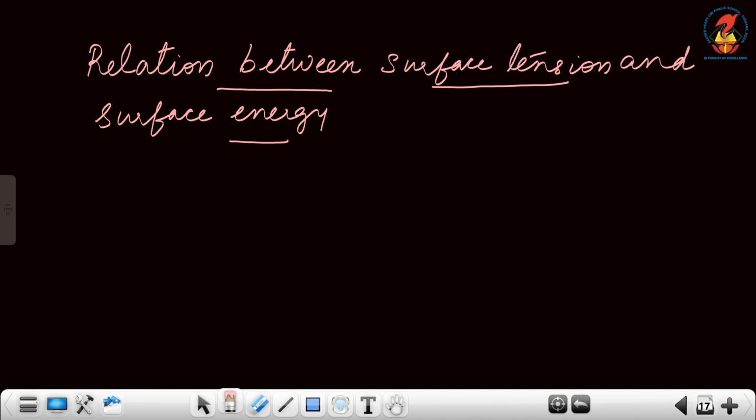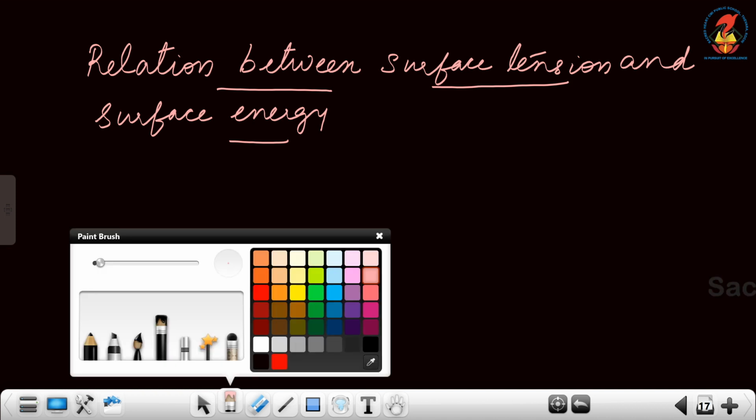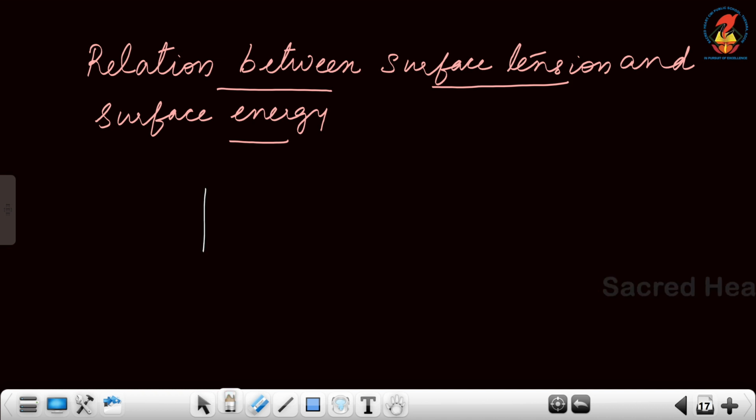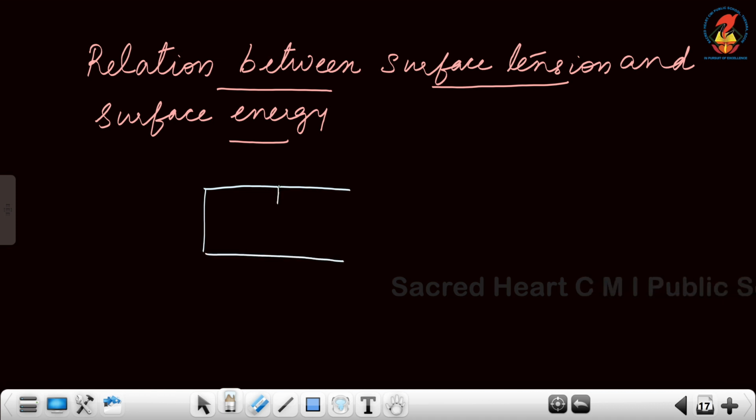For this, we are considering a rectangular frame of wire with one end movable.